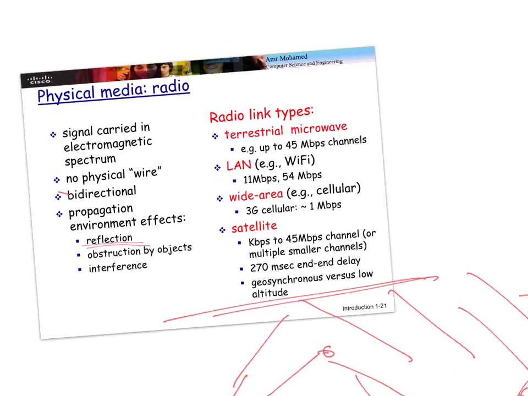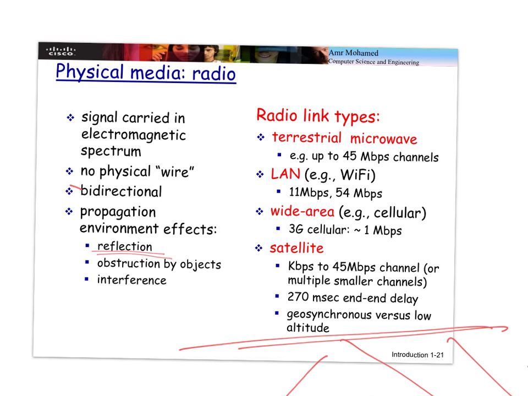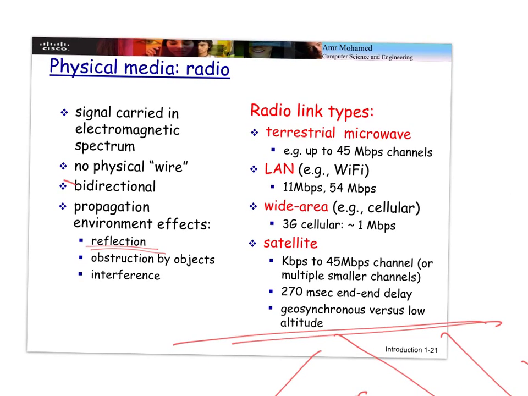So radio can take the form of terrestrial microwave, like for example broadband wireless communication, like all types of GSM, WiMAX, and CDMA 2000 and all these, and they use different carrier frequencies, and they use bandwidths per channel, which can span all the way from a few kilohertz all the way to 45 megabits per second, or 45 megahertz.